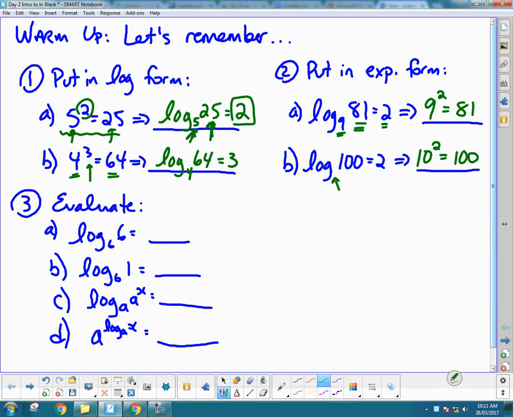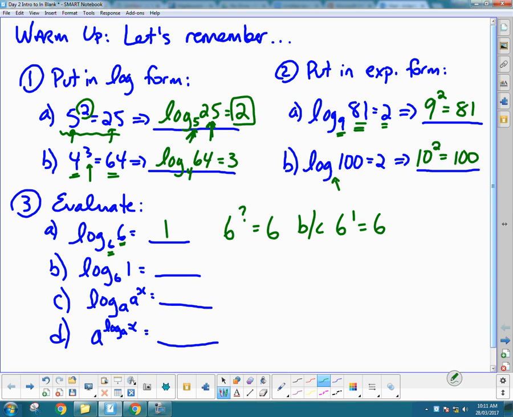Then a couple of these rules pop out when we evaluate these next ones. The first one, 3a, says, what exponent do you put on 6 to get 6? So the base is 6, the answer is 6. Well, obviously that's 1, because 6 to the 1 equals 6.